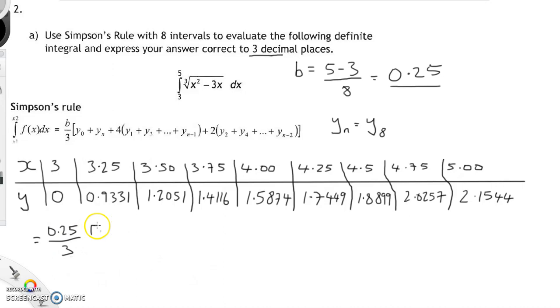Then we'll open up a square bracket, and y0 is going to be 0, yn is y8, so this is going to be plus 2.1544, plus 4 times the sum of the remaining odd ordinates.